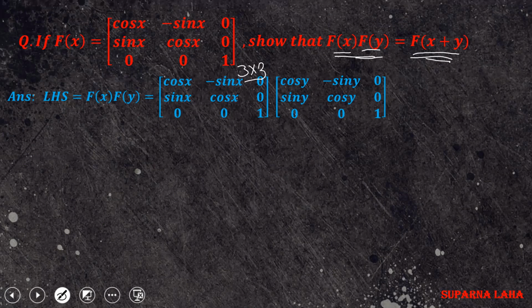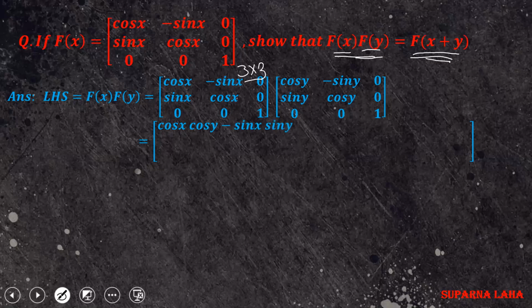Now we need to multiply them, and we know how to multiply, that is row with column. So first row with first column: cos x into cos y minus sin x into sin y. Now first row second column: cos x sin y minus of, minus of sin x cos y, and the last one is 0.